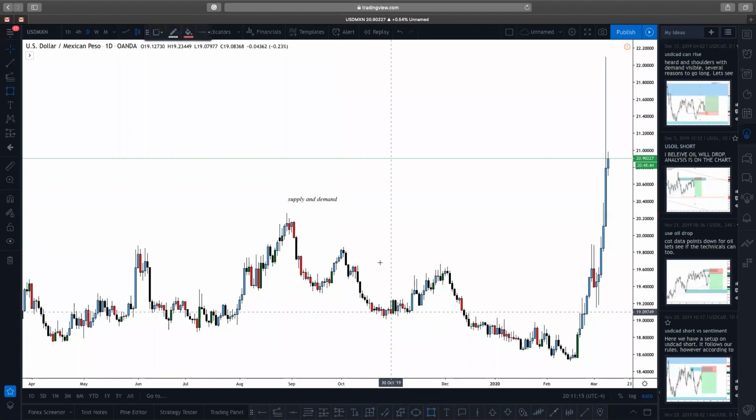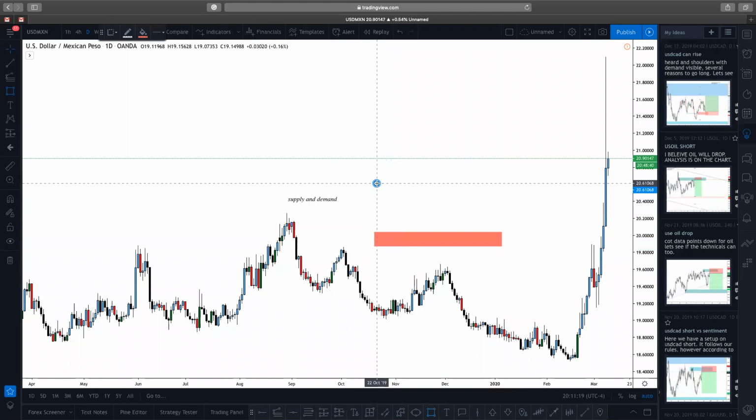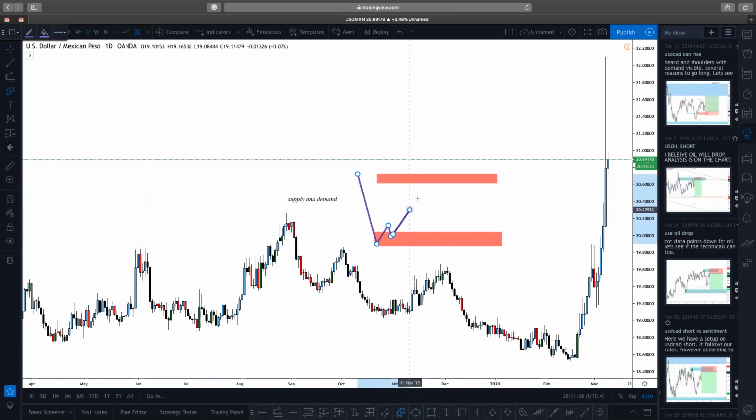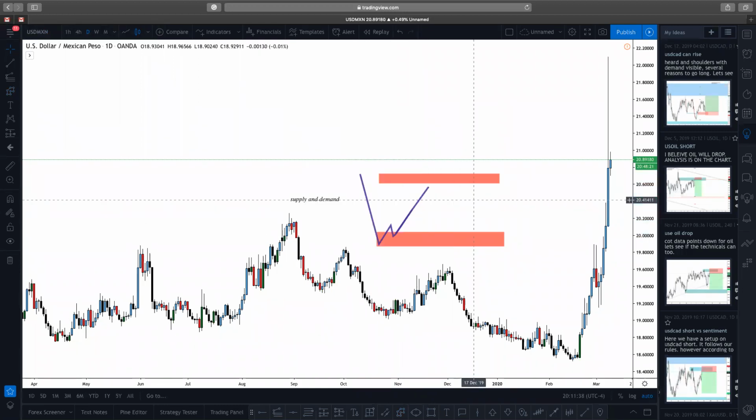So we know we have demand, right? And we know we have supply, right? And we know price is in the middle, right? So just a quick easy example. Let's say we have a drop base rally scenario, right?